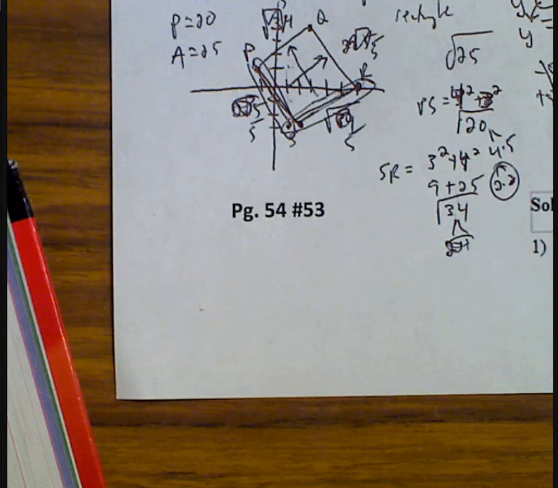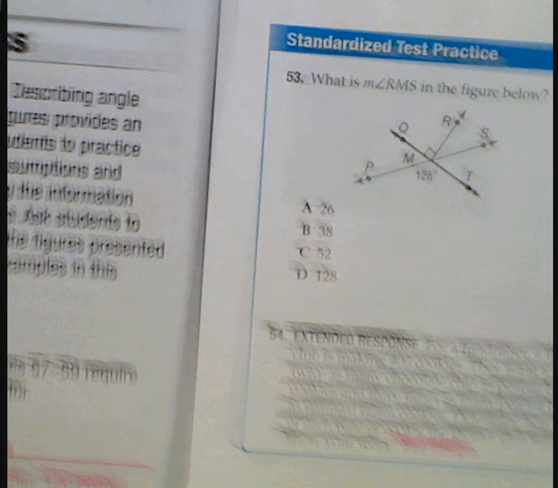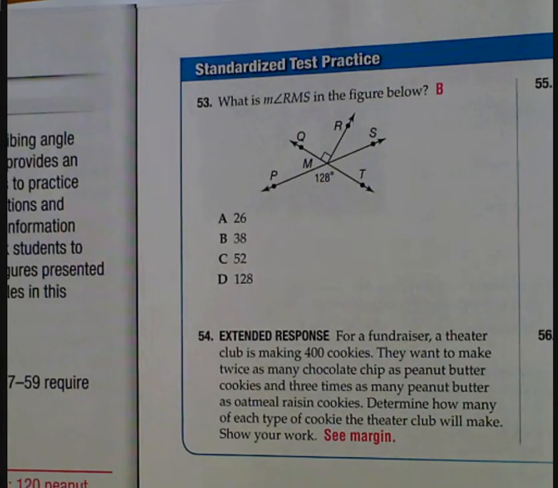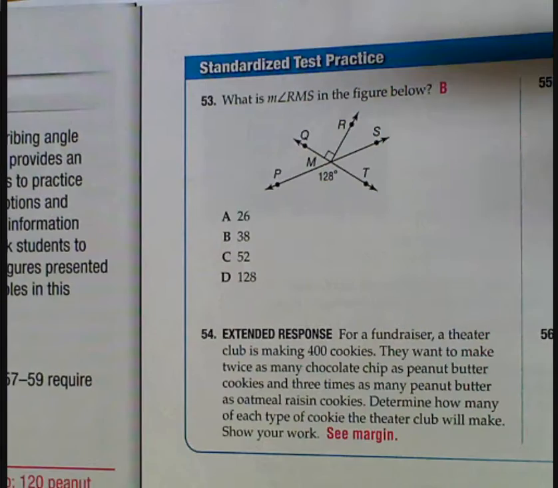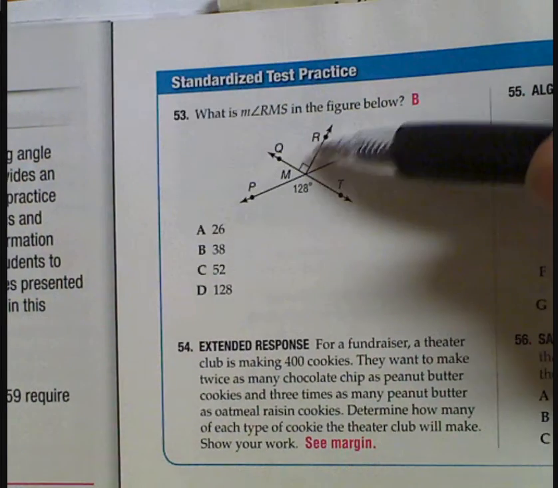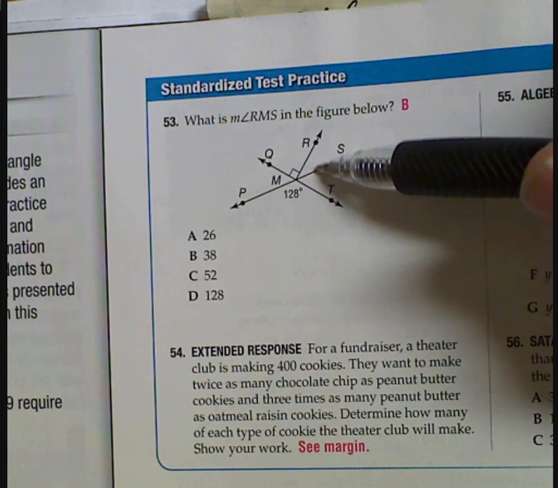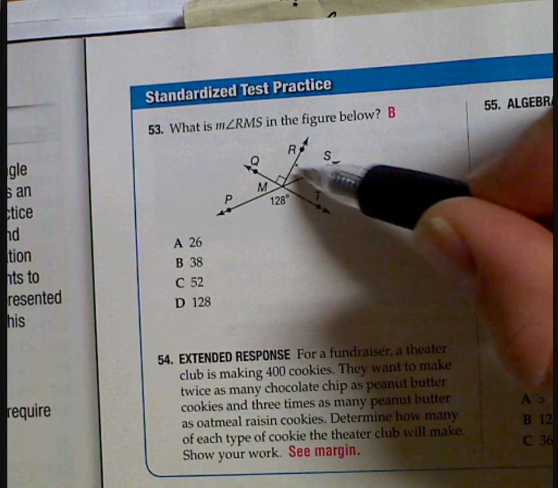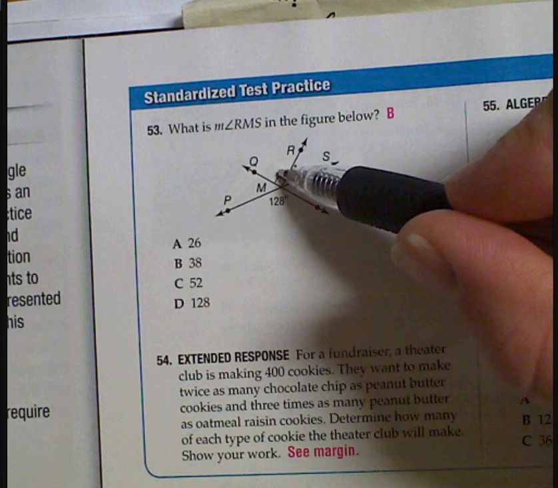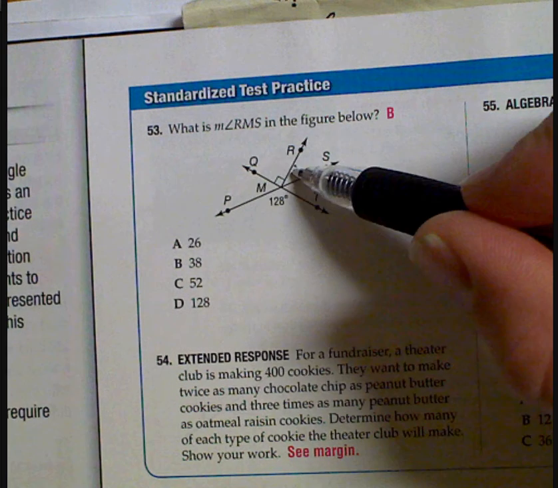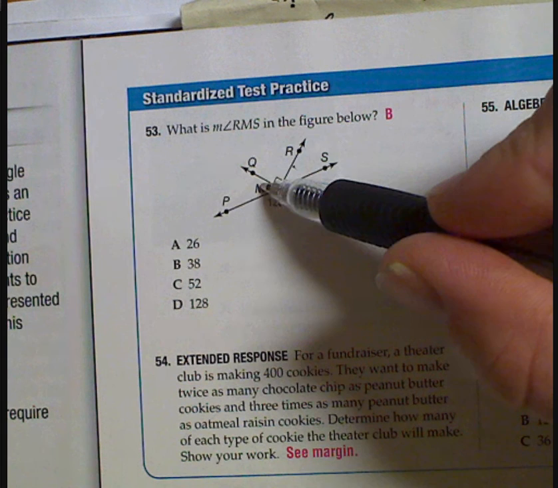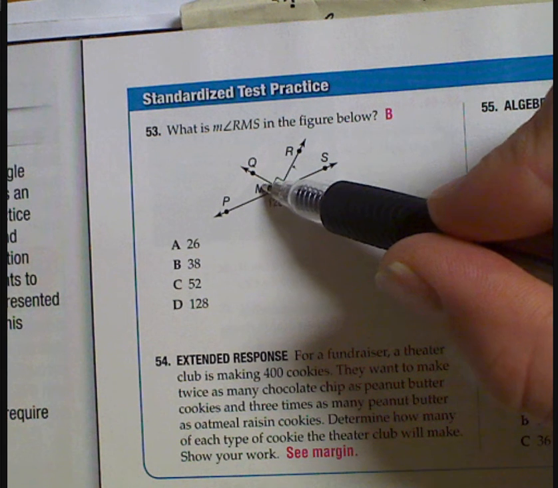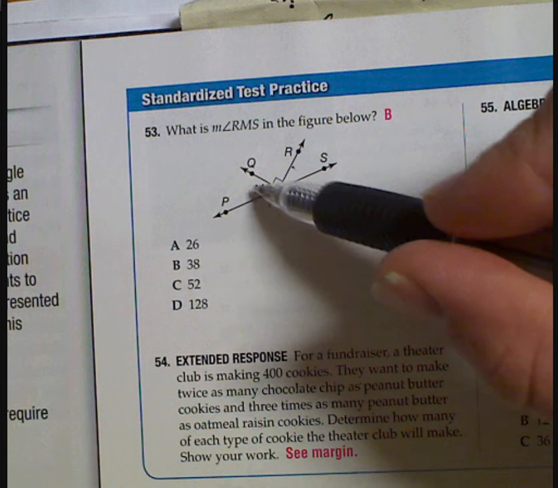Page 54, number 53. What is the measure of angle RMS? So I need to find this. This is 90 degrees. If I could find this angle, then all three of these angles would add up to 180. So I need to find this angle, which means I can use 128. These two angles are supplementary.